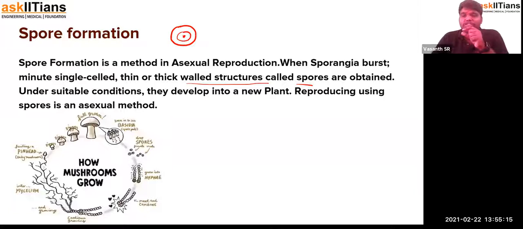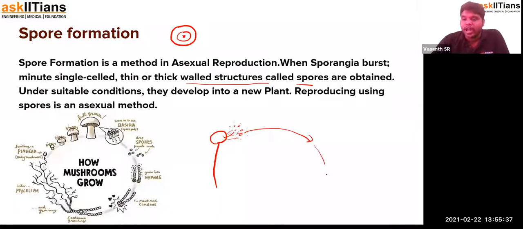From a structure called sporangia. Everybody knows bread molds, right? Bread molds have sporangia and sporogonium. When this sporangia bursts, it gives spores out. These spores fall a little away from the region where it is present, and then start to develop into a new filamentous structure, and again spores are formed.